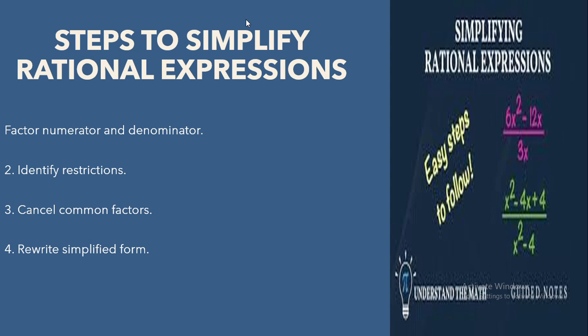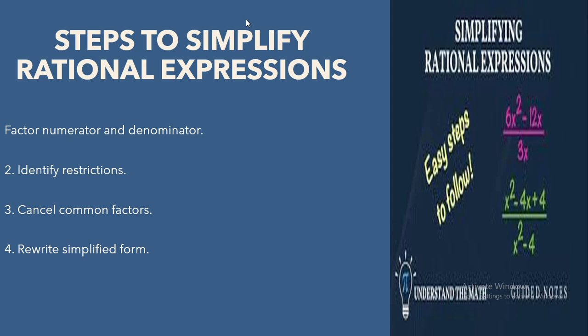Steps to simplify rational expressions. Here are the steps to simplify rational expressions clearly and logically. Step 1. Factor the numerator and the denominator completely. Step 2. Identify the domain restrictions. These are values that make the denominator equal 0.